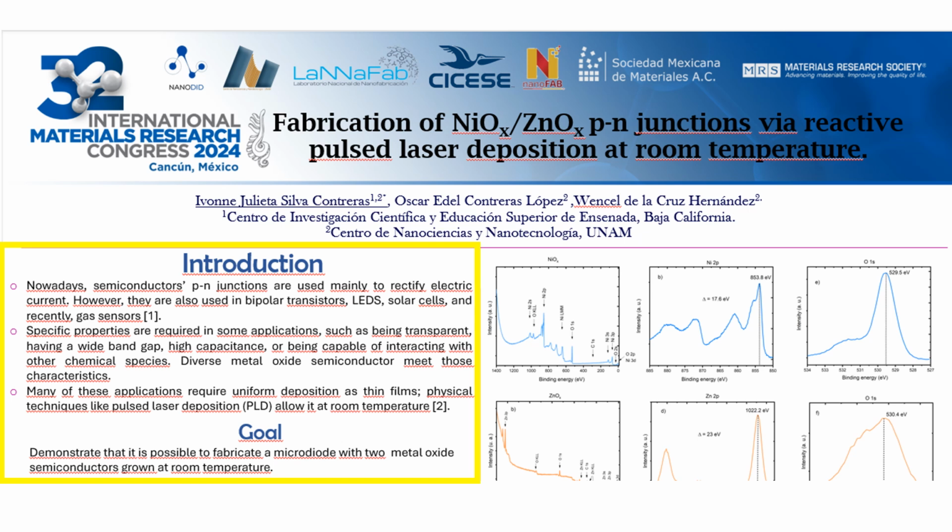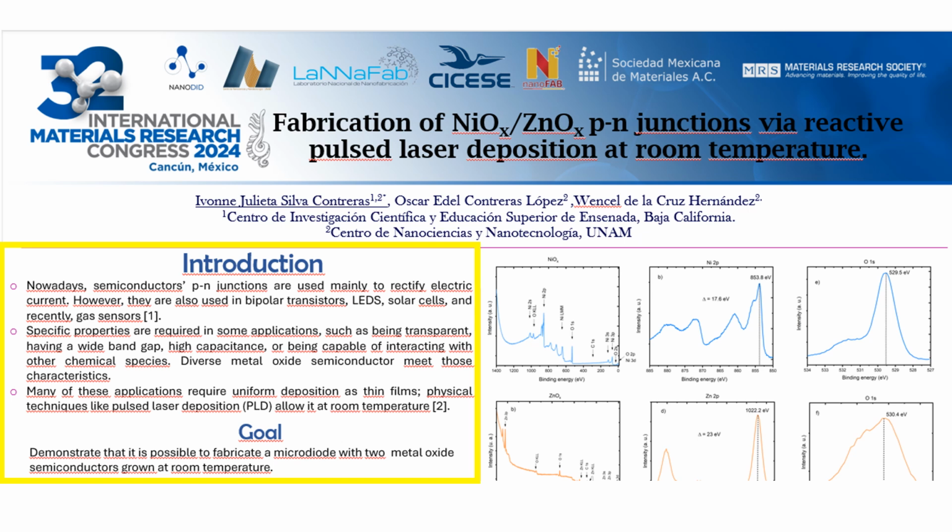Well, to start, I will give a short introduction to the topic. Nowadays, semiconductor PN junctions are used mainly to rectify electric current. However, they are also used in bipolar transistors, field effect transistors, LEDs, solar cells, and recently gas sensors.